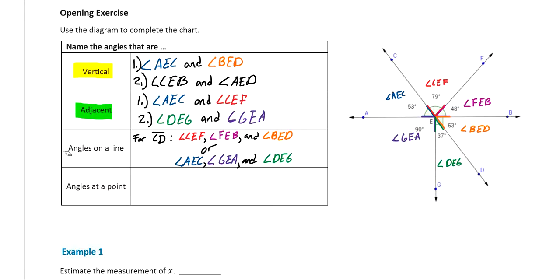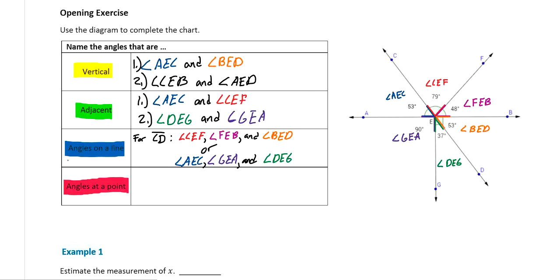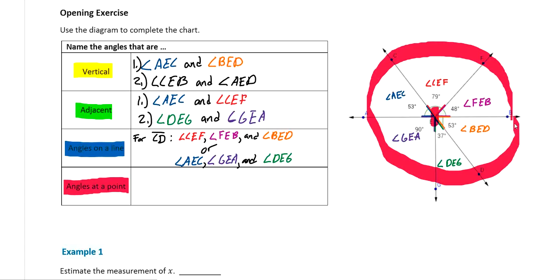Okay, so angles on a point. Angles on a point, let's put that in this pinkish reddish type of color. Angles at a point. Well, the point that all angles originate on, so remember, angles at a point have to go all the way around a point. Well, the only point that has angles that go all the way around it is point E. Remember, that's going to be every single angle that goes around point E. So it's going to be all 6 of these angles put together.